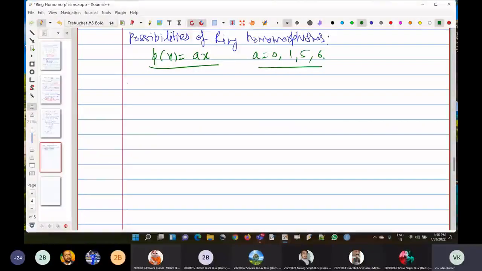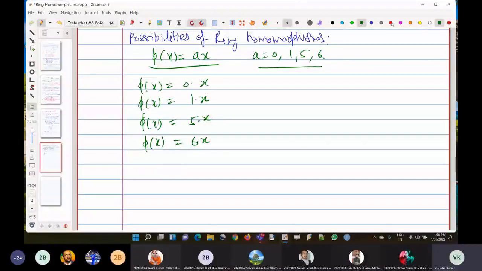Clearly phi of x equals 0 times x and phi of x equals 1 times x work, and then phi of x equals 5 times x and phi of x equals 6 times x. Among these, two are certainly going to be homomorphisms, as we have seen.